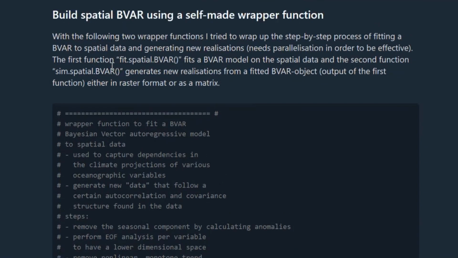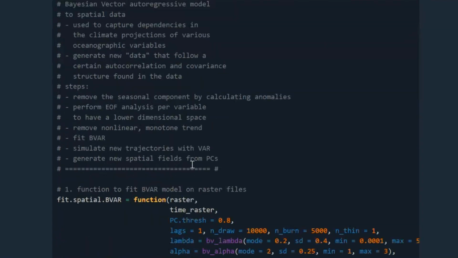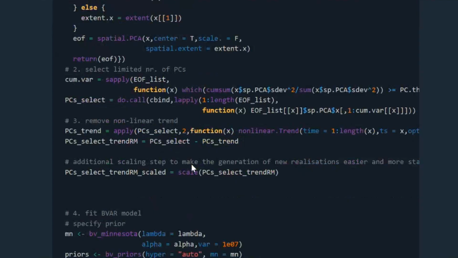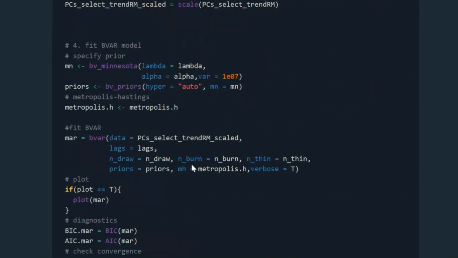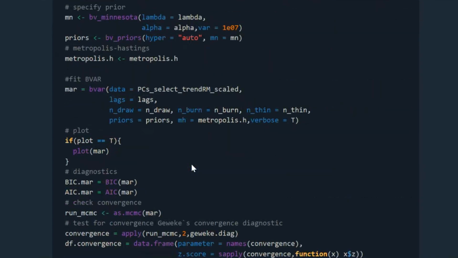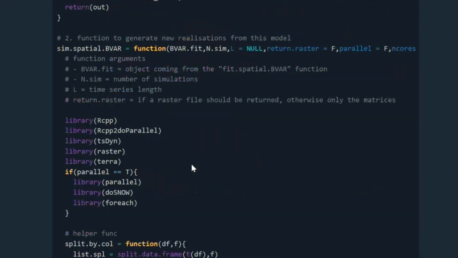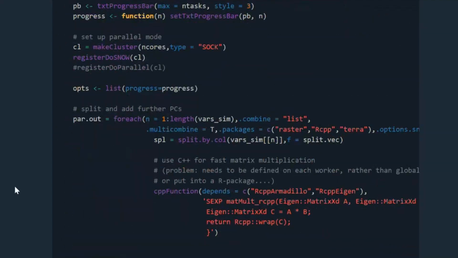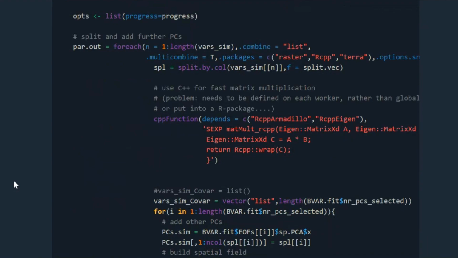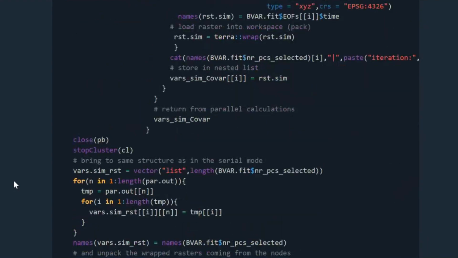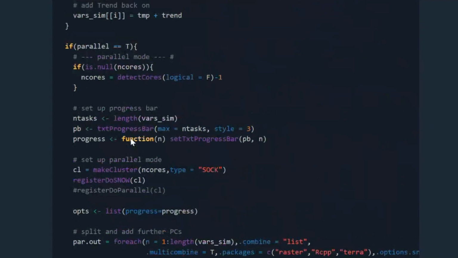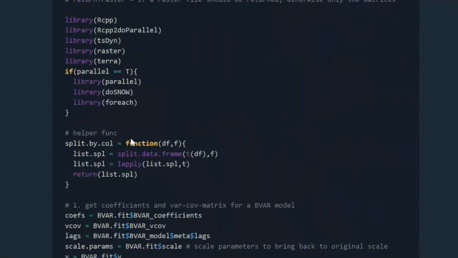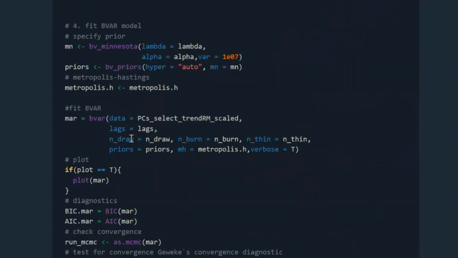And for convenience, I built a wrapper function that is depicted here, which does all those different pre-processing steps in one function. Although no, it doesn't give you back the fields, sorry.